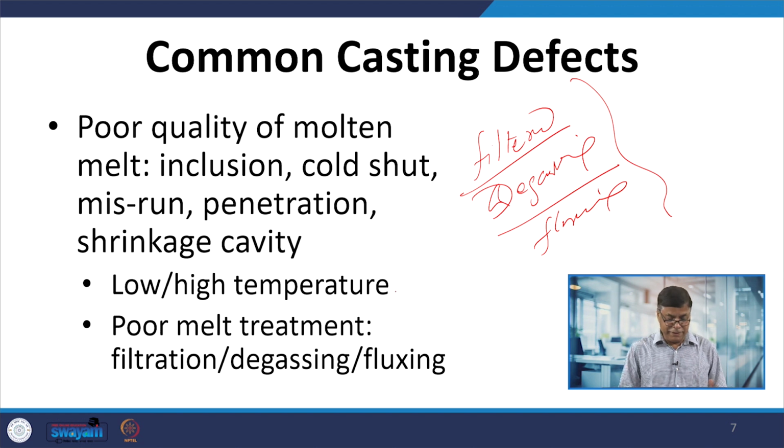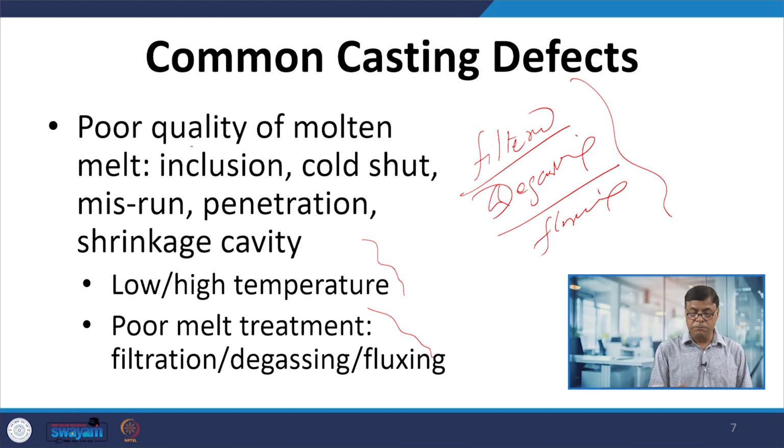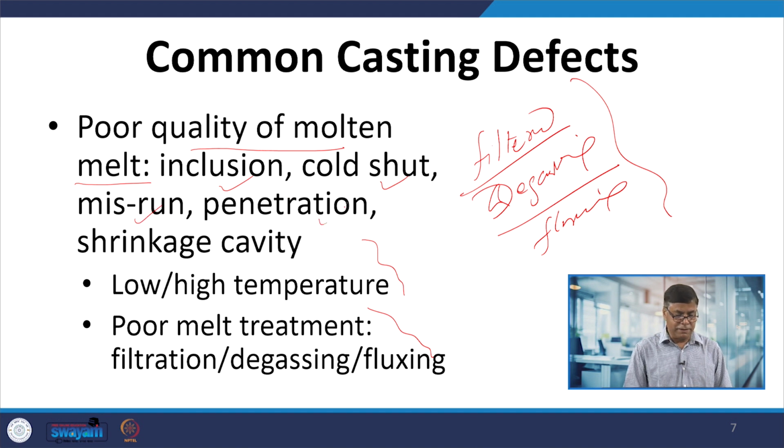So, either the melt treatment has not been done properly, or the molten metal temperature has not been controlled properly, and both these contribute heavily to the poor quality of the molten metal, which will be increasing the inclusions, cold shut, misrun, penetration and the shrinkage cavity.